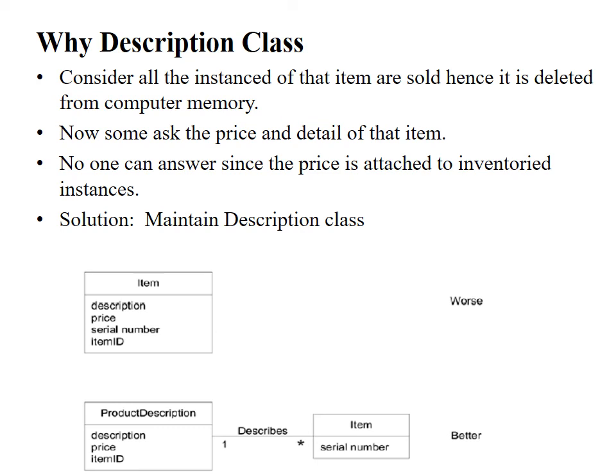This product description will store the details of that particular item. These two classes, the product description and the item class, are associated using a serial number. Though the last item is sold, the item class alone will get deleted, not the description of that particular item.